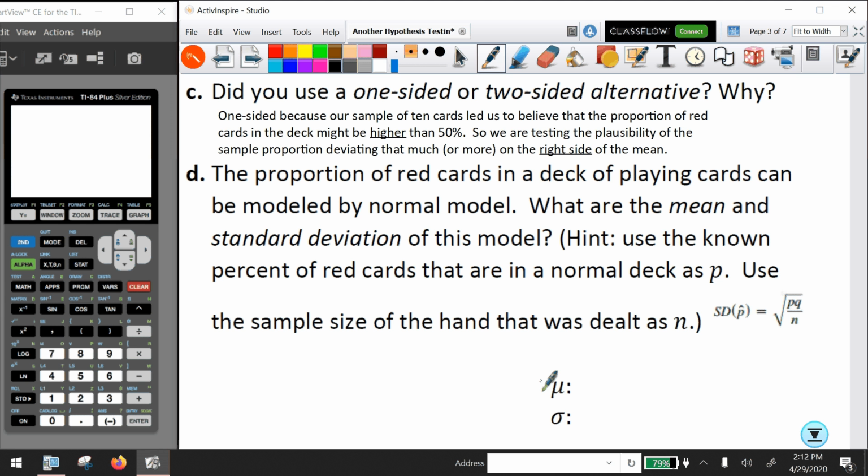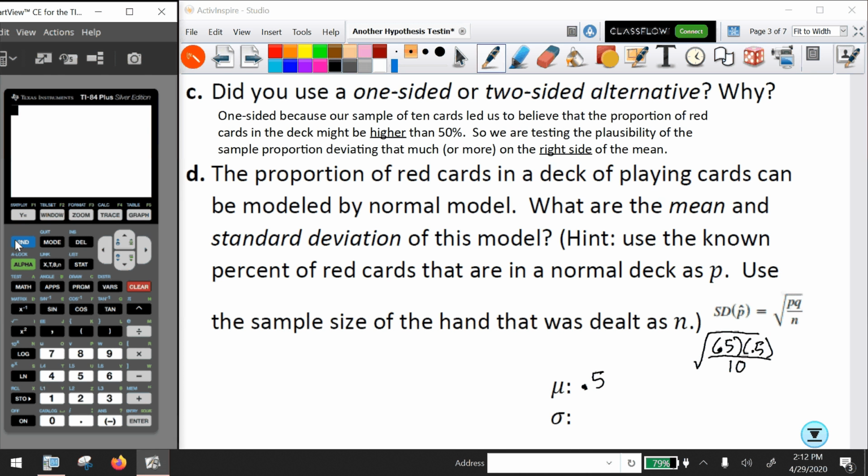So the mean for the proportion of red cards in a normal deck of playing cards is 50%. And the standard deviation, we're going to use this formula up here. We're going to use our null hypothesis as our P there. And in this sample of cards, it was only 10 cards. And what does that equal?